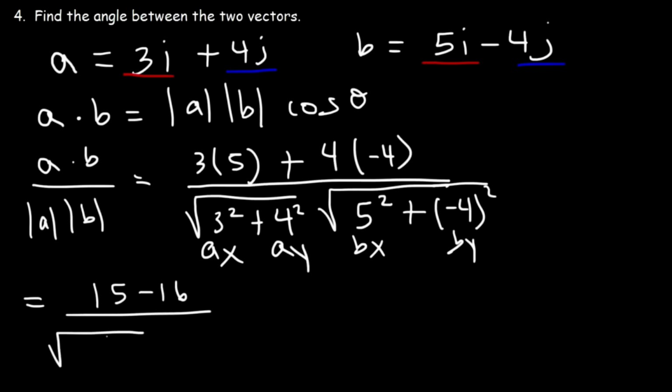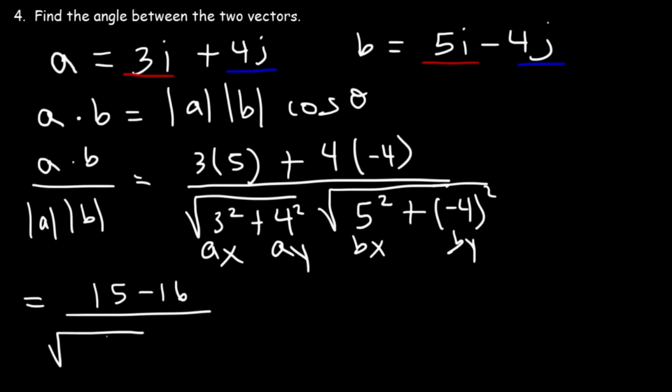So arc cosine of negative 1 divided by 5 root 41 is equal to 91.79 degrees. That's the answer. So I'm going to write the answer here.